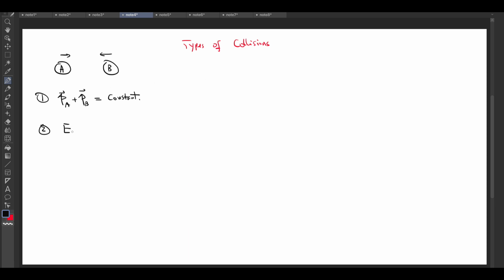The mechanical energy symbol is E, and is defined as K plus U. Here K is called the kinetic energy, and U here is called the potential energy.